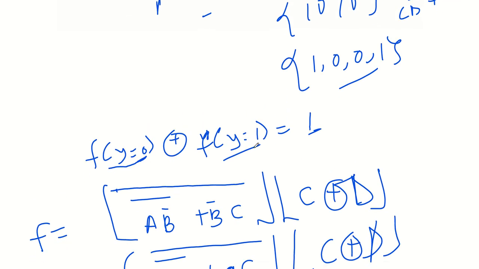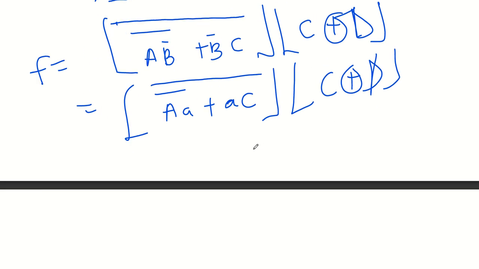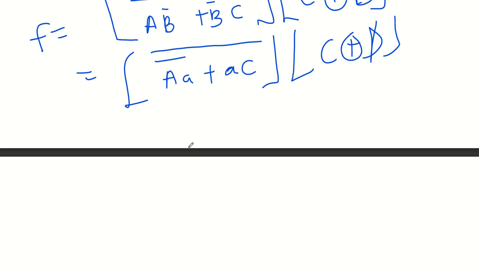Okay, and now the next part is we have to put small letter a equals 0 and small letter a equals 1 into the equation. So if small letter a is equal to 0, I don't want to write plenty, but when small letter a is equal to 0, realize that this part will go away, and this one would become 1. So this outside expression will become 1 complemented, so 0.